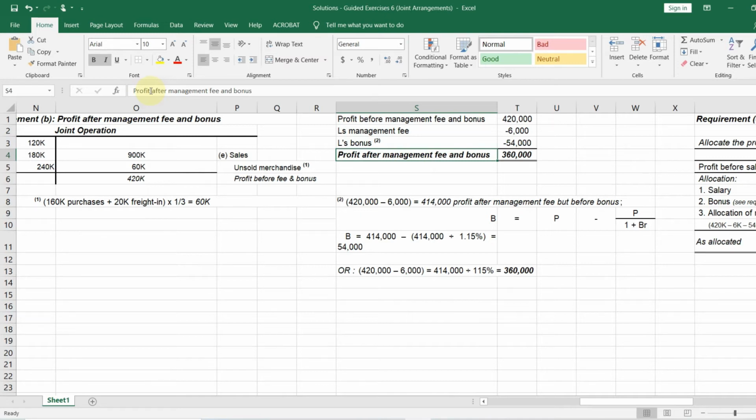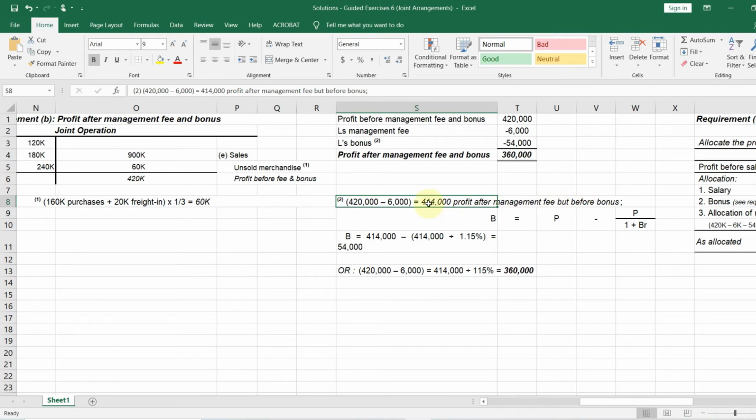How was this bonus computed? Let's see below. What you take is the profit after management fee but before bonus. So, 420 minus 6,000, you have 414. Okay, so 414, you have removed the management fee. Now, you have to remove the bonus. How do you get the bonus?